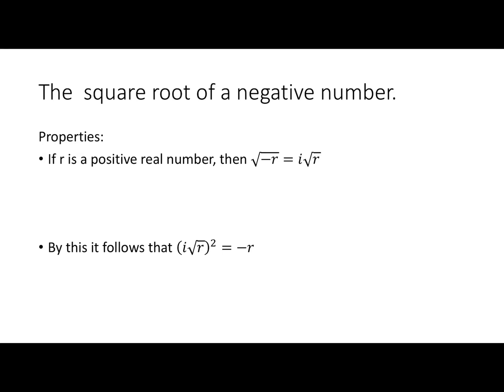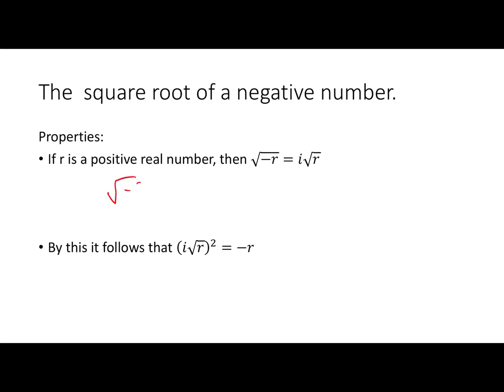And it follows that if you take i times the square root of r, and then you square it, you're going to get -r.